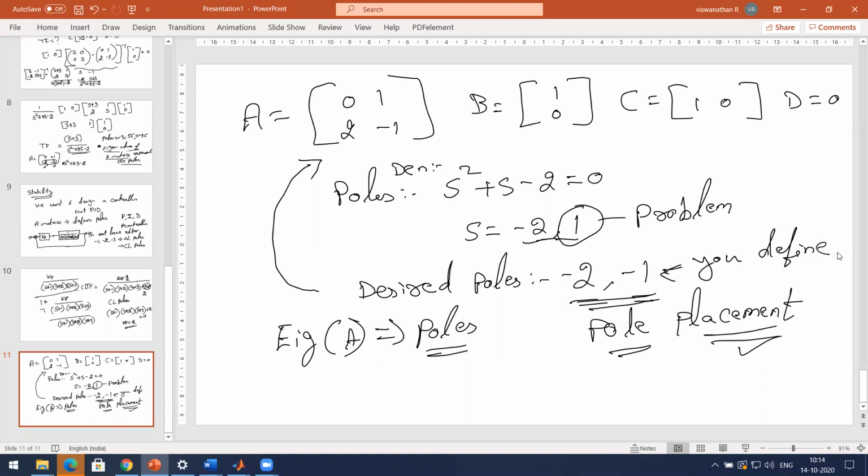What is the desired pole you want? You want -3 comma -1 or -4 comma -2, whatever position you want, you define it, and then you modify this A matrix in such a way that you get the desired poles. That method of controlling the system is called pole placement, and we will discuss the method in the next class. Any doubts?